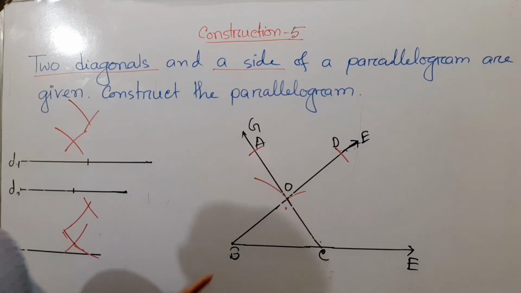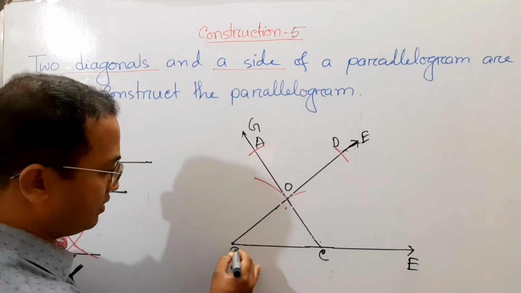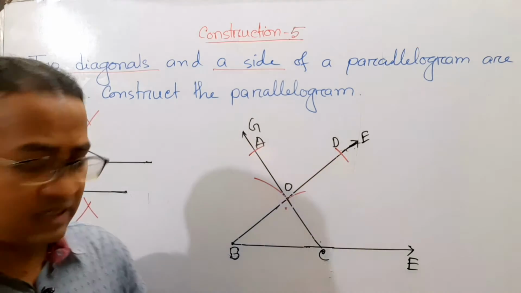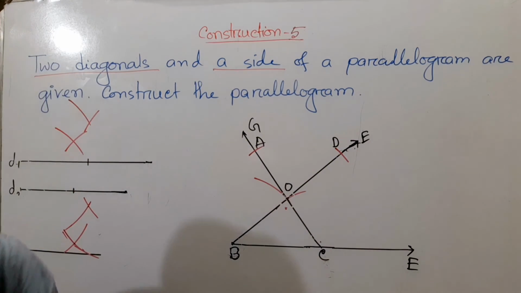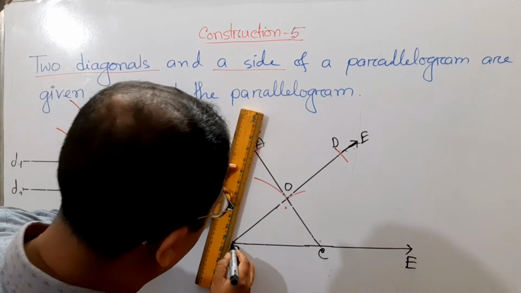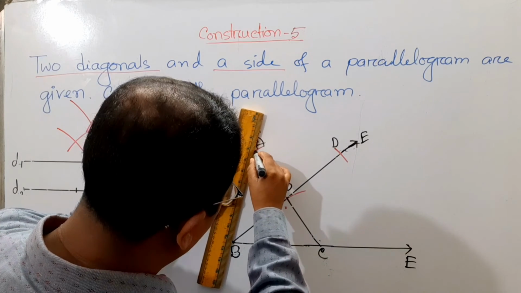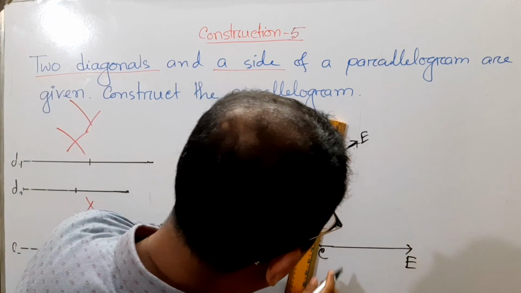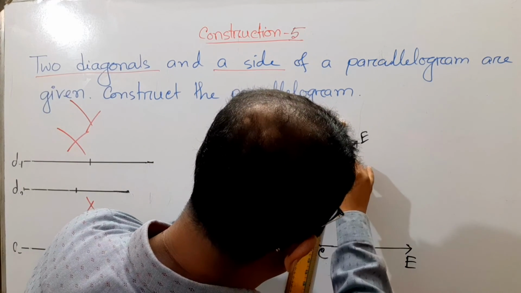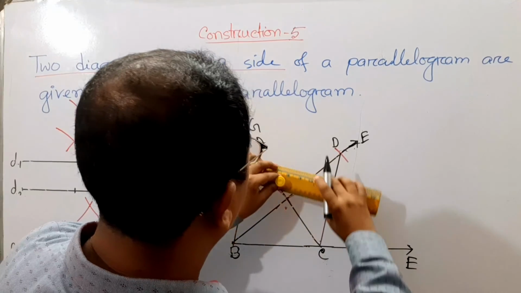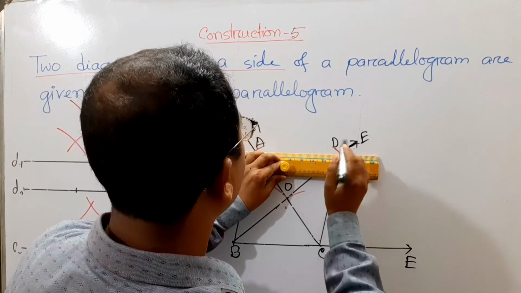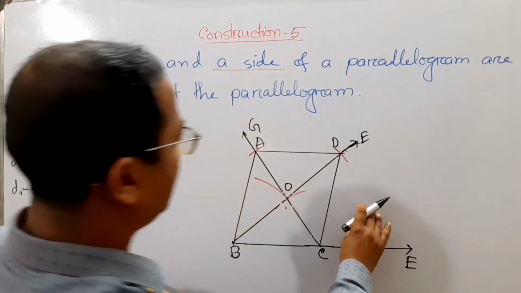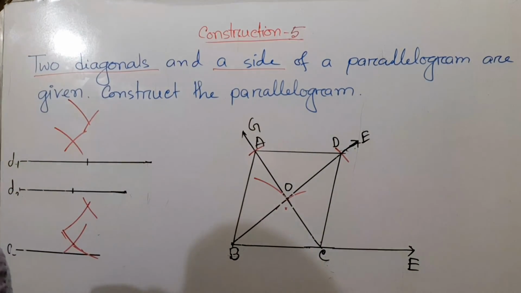Now join AB, CD and also AD. So ABCD is our required parallelogram.